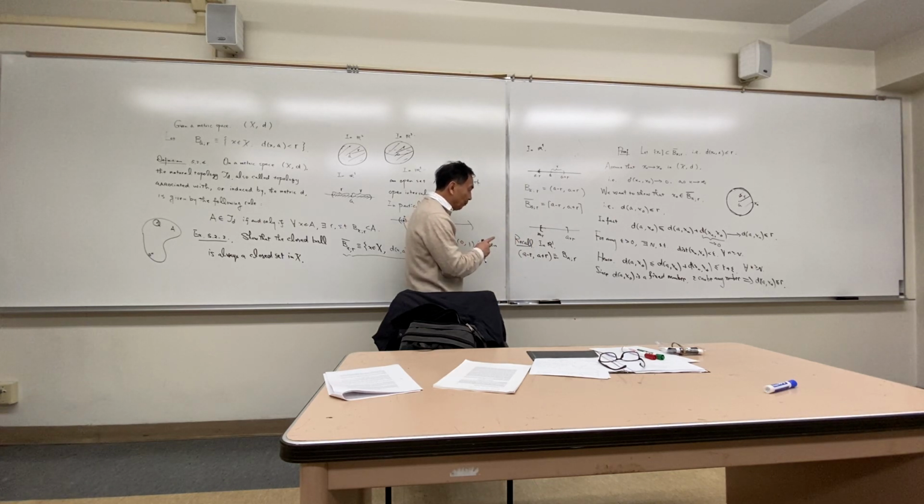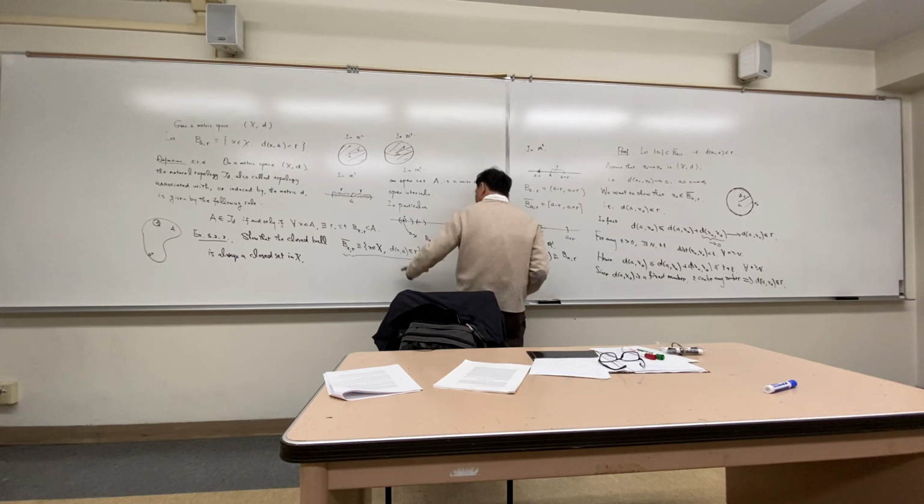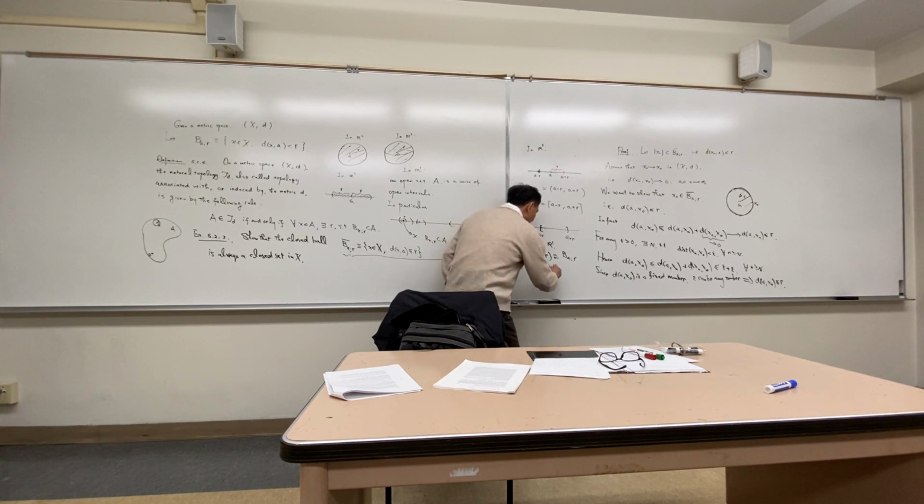And then if we take the closure, let's recall what the closure means. This is the closed ball. What is the closure? That is the closure of B_A,r.